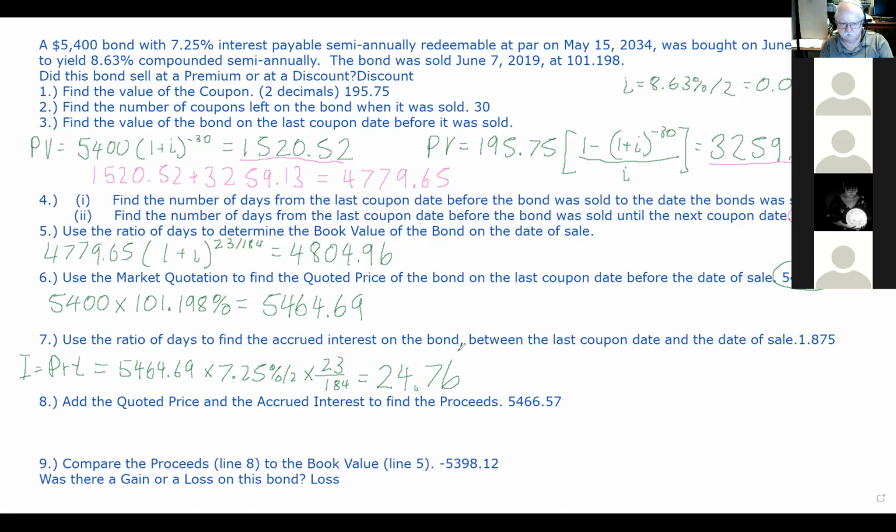Times bracket 23 divided by 184 and a bracket equals that times 5464.69. And I'm still getting 76.